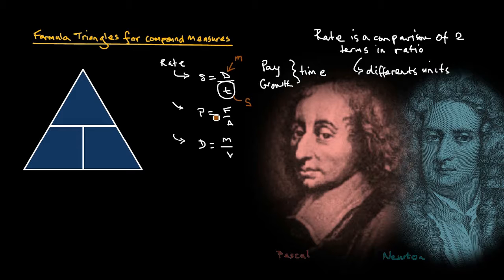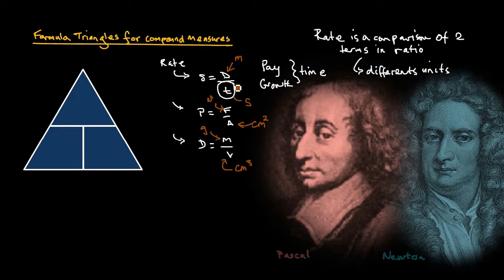Here we've also got a rate, but this time force is measured in newtons, and area is in centimeters squared. Here we've got grams or kilograms, and here we've got centimeters cubed. But you've always got this common thing of a comparison of two terms in a ratio, in this case a directly proportional ratio in all three cases.